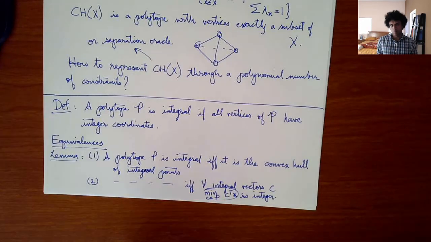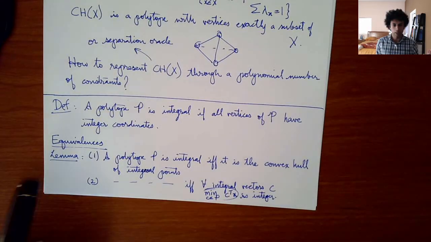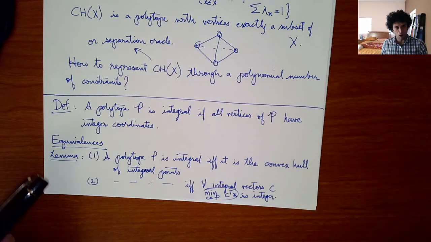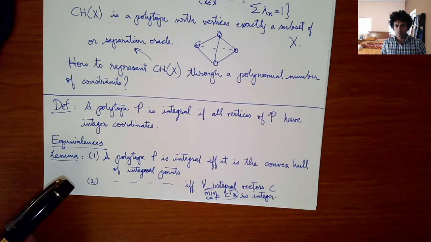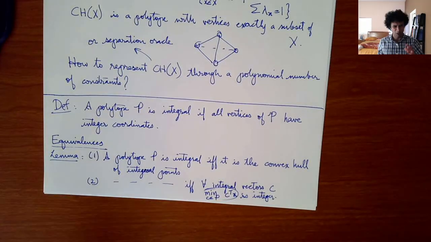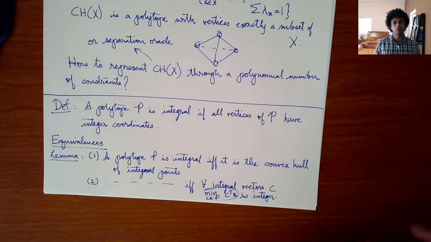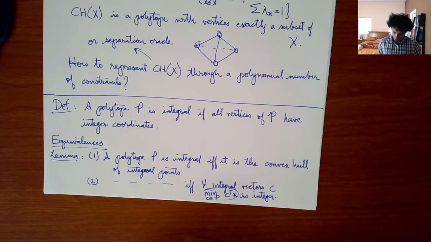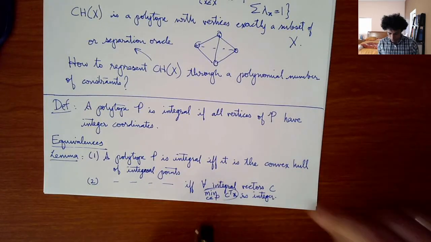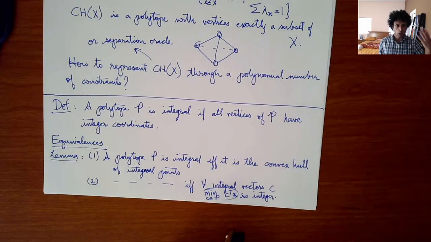The most natural way to define an integral polytope is just to say that all the vertices have integer coordinates. Because this is a polytope, it is bounded. So a polytope is integral if and only if it is the convex hull of integer points. And again, I'm assuming that things are bounded here, it's not an unbounded polyhedron. And a polytope is integral if and only if for all integral objectives, the optimum value, not the point, is an integer.